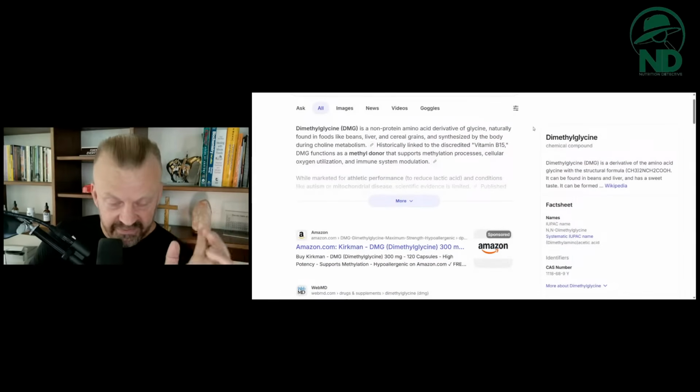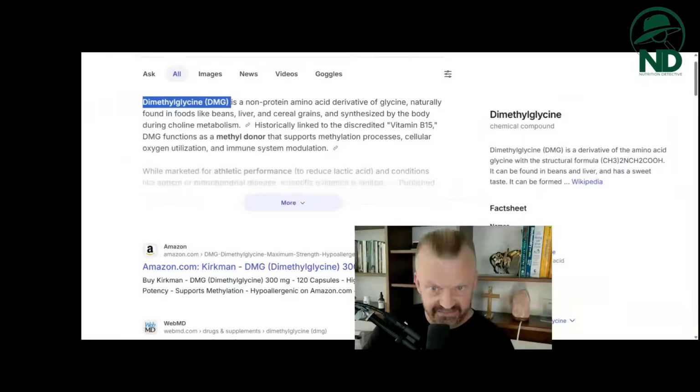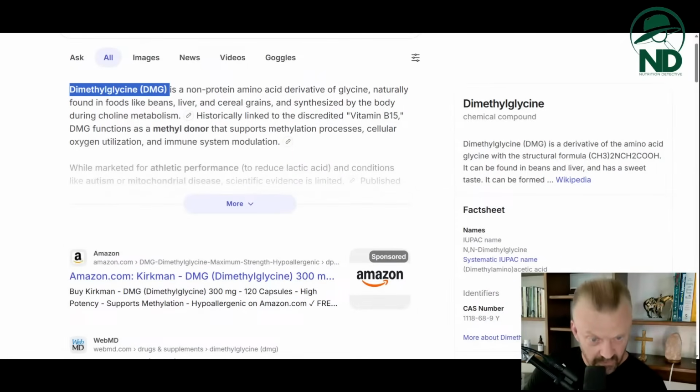If you go on supplement sites and you hear me talking about this and you go, oh, I'm going to go buy some DMG, what you're going to buy on supplement sites is dimethylglycine. It's not dimethylglyoxime. Okay, look at this word, glycine.